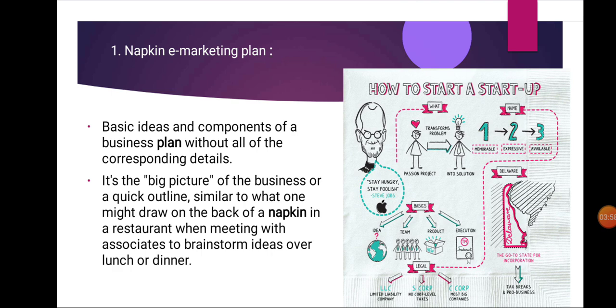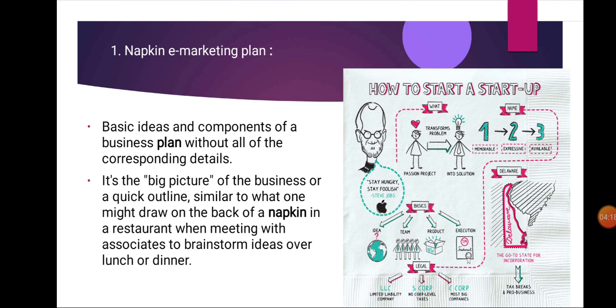Suddenly you get an idea, so you take a tissue paper or a pad and draw how we can start a business. That basically comes as a napkin plan. It's the big picture of the business, or a quick outline. It is nothing but something you might draw on the back of a napkin.